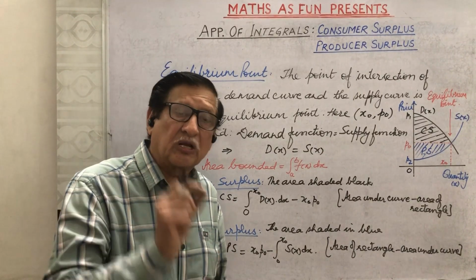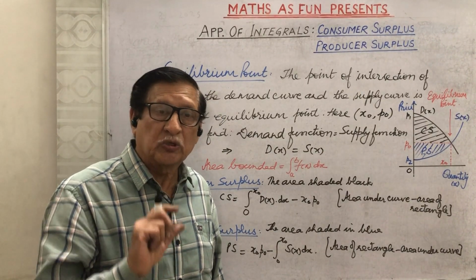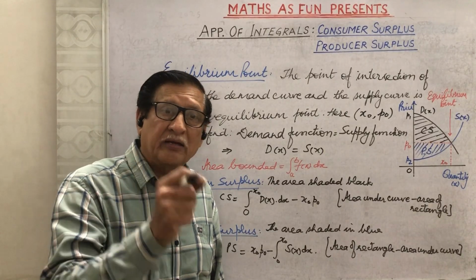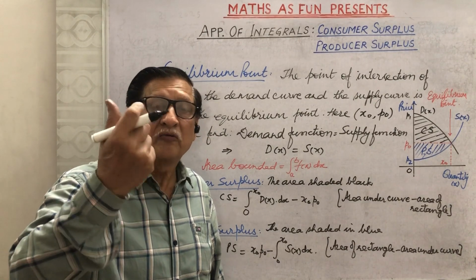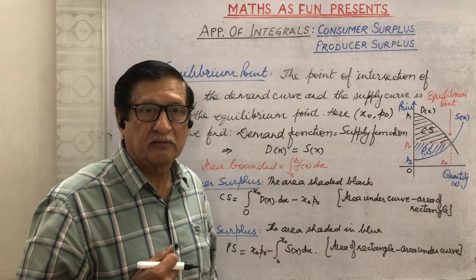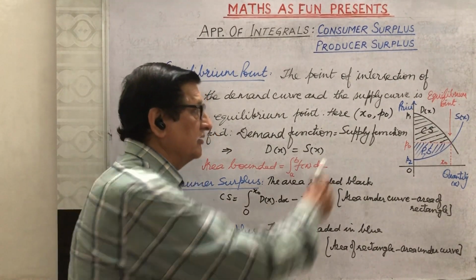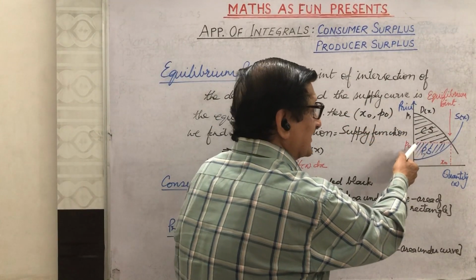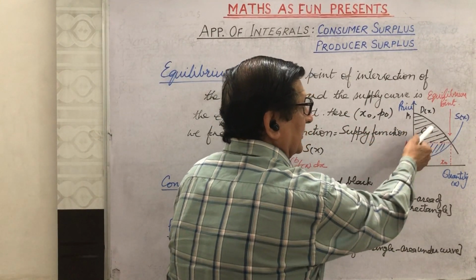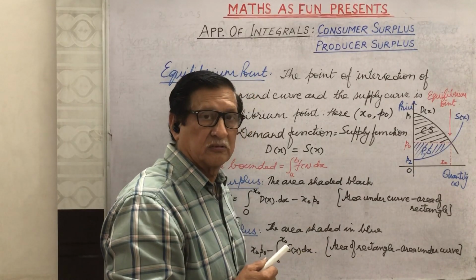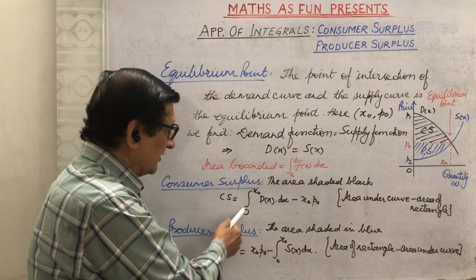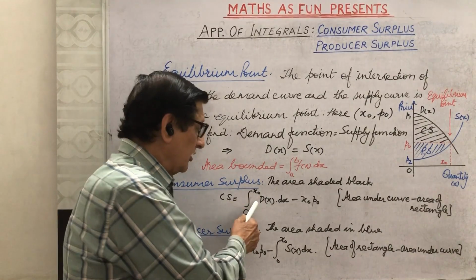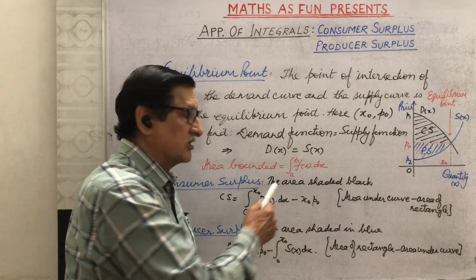Consumer surplus is the gain to the consumer when he is paying a lower price than what he is ready to pay. Here in the graph, we can see that this particular area is the consumer surplus. This can be obtained by this formula: the integral from 0 to x0 of d(x) dx minus x0 into p0.